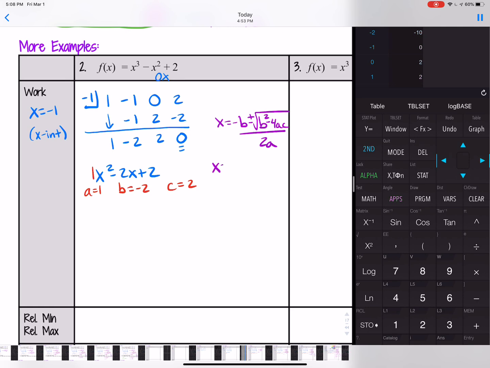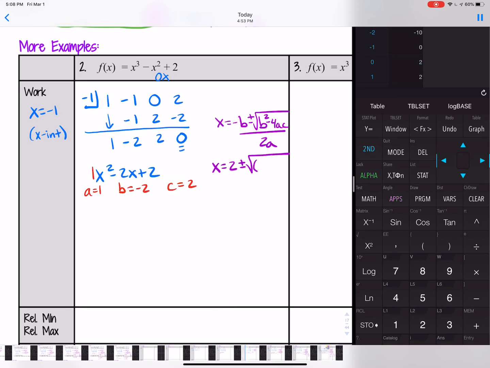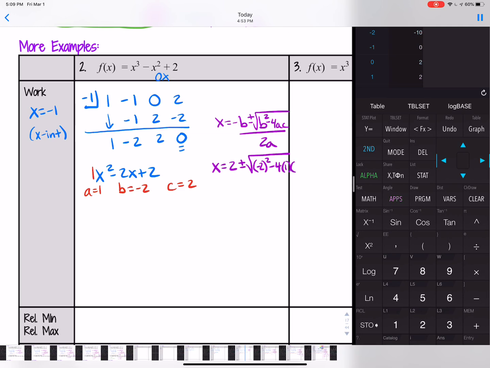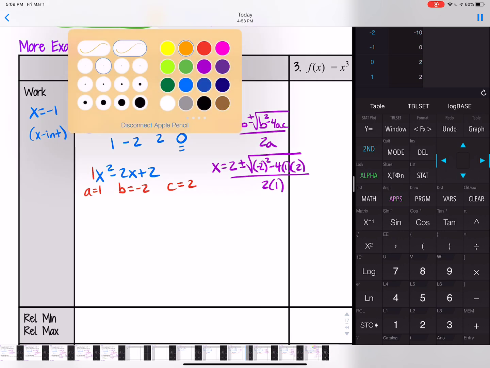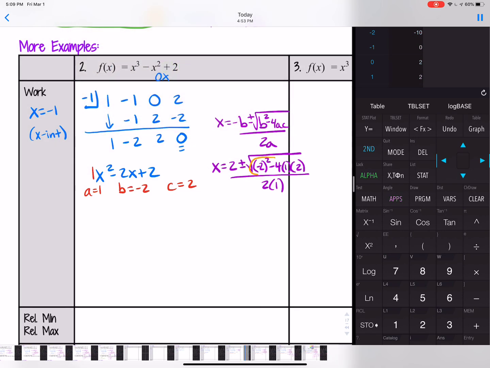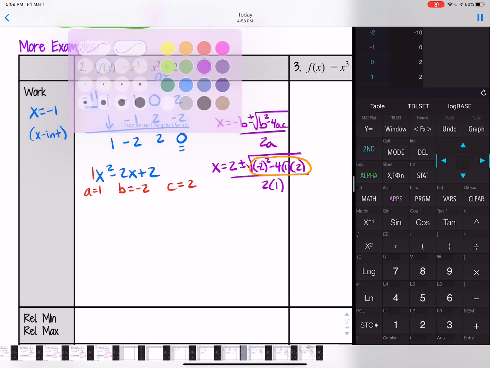So we have x equals -b, which would be +2 now, plus or minus the square root of b squared, so -2 squared, minus 4 times a, which was 1, times c, which was 2, and then all divided by 2a, which is 1. And like I mentioned before, the cleanup of this part is where we really just need to be careful to not make an error.